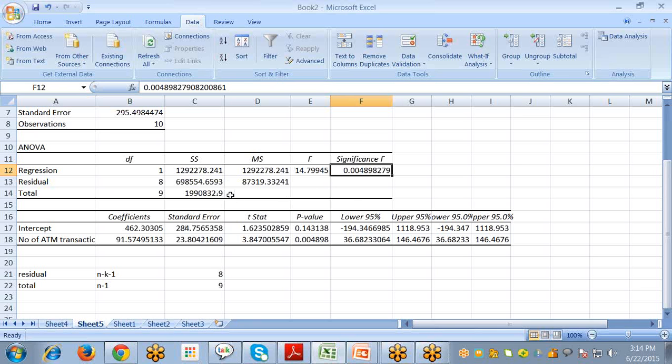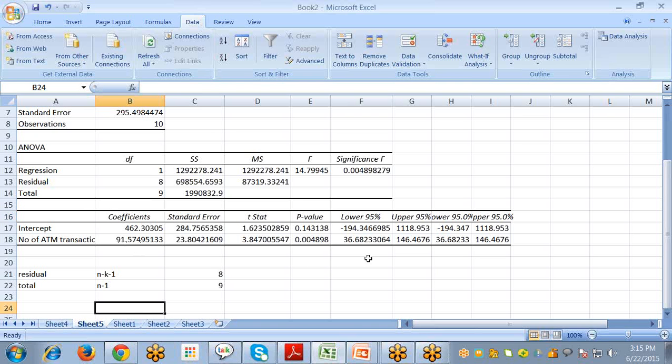So this is what the first table denotes, and the next table provides you the coefficients. We have two coefficients, A and B. A is for the intercept, and the value for A is 462, and B is for the number of transactions, and here it is 91.57.